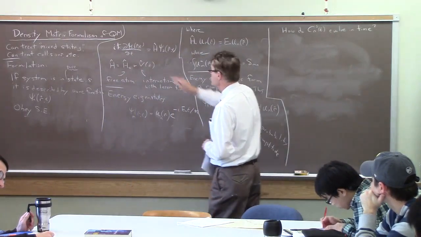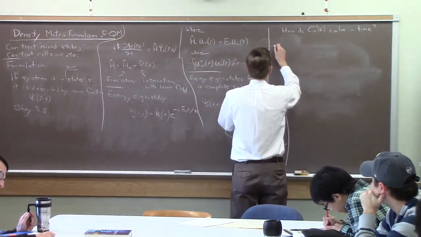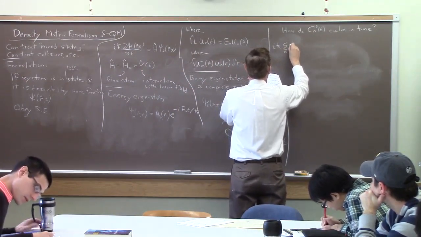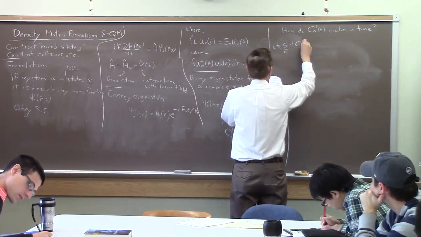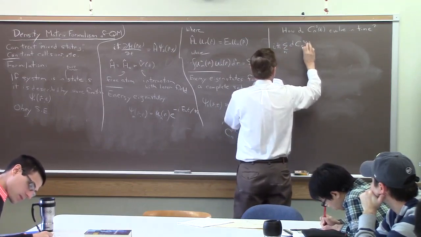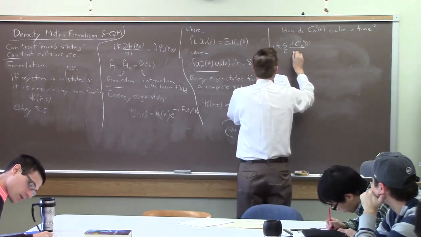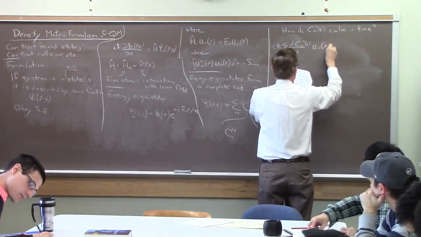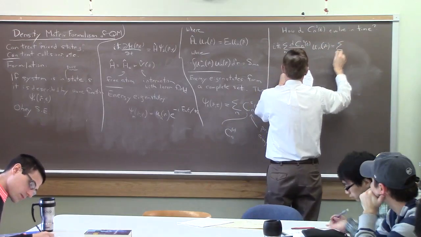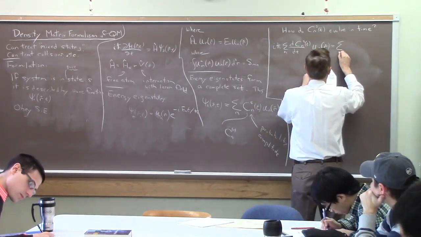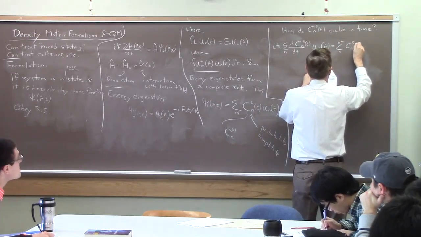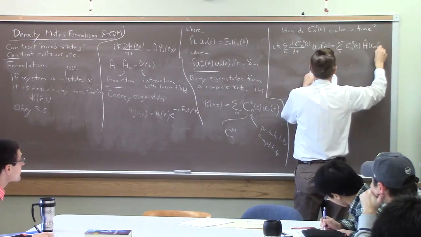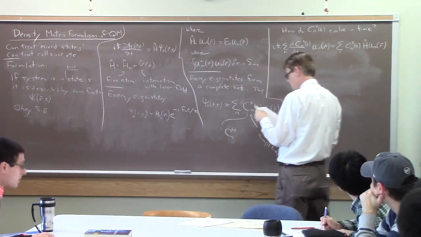So just taking this, introducing it into the Schrodinger equation, we find that i h bar sum over n of d c_n^s of t dt u_n of r is equal to the sum over n of c_n^s of t H u_n of r.